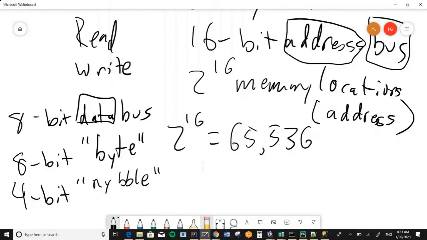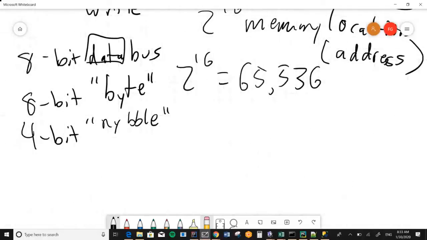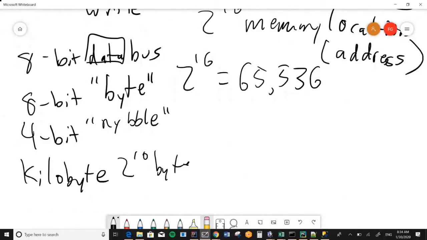If we want to think about sizes of groups of bytes, a unit of measure that was commonly used then is the kilobyte. You might think that's 1,000 bytes, but it's not. It's actually 2 to the 10 bytes, or in other words, 1,024.